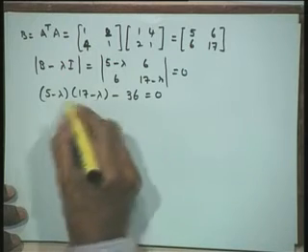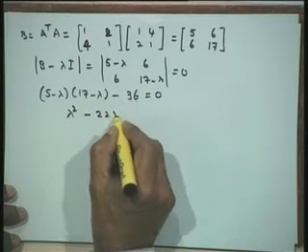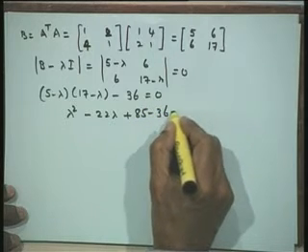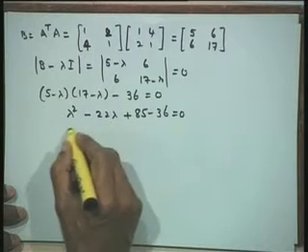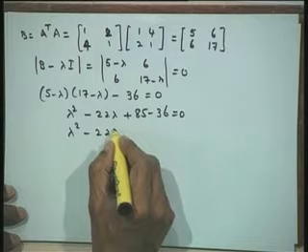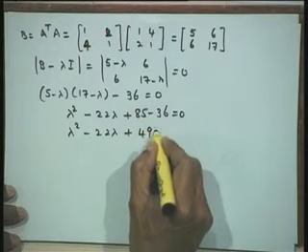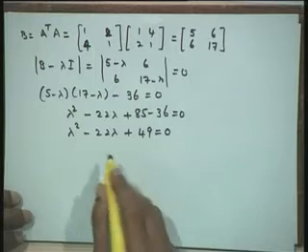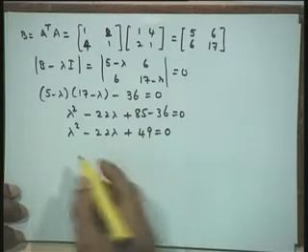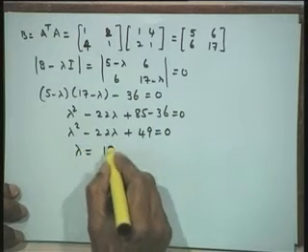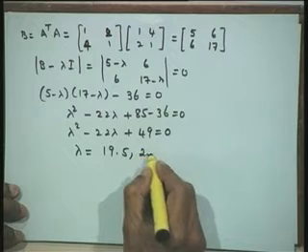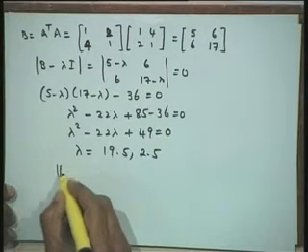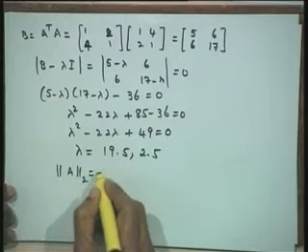I simplify, lambda square minus 22 lambda plus 85 minus 36 is 0, which is same as lambda square minus 22 lambda plus 49 is equal to 0. Now, I can find the roots of this quadratic, straightforward. The values are 19.5 and 2.5. So, in this case the spectral norm is 19.5.